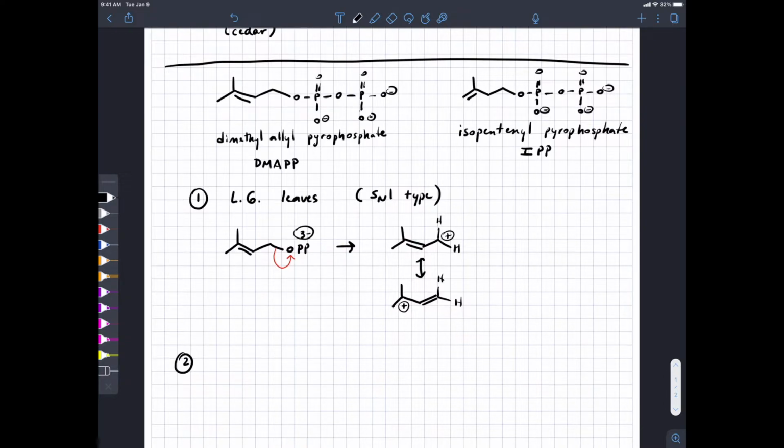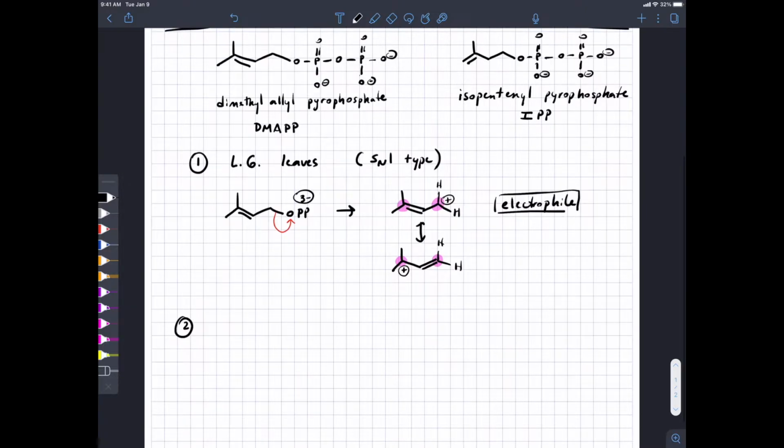Now, when the leaving group leaves, this generates an electrophile, right? And this intermediate you would expect would be electron poor on that primary carbon and on the tertiary carbon. Remembering that resonance tells you the positive charge is in both places. Okay, the next step can be nucleophile attacks.